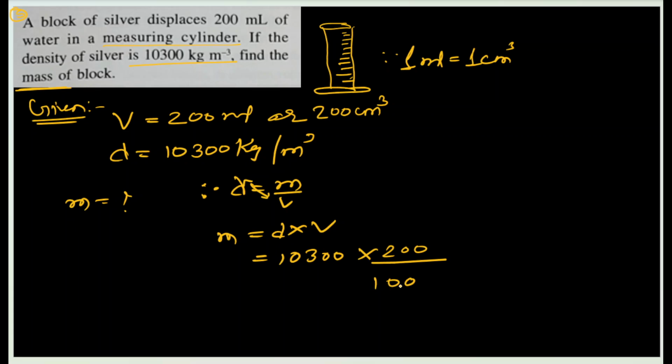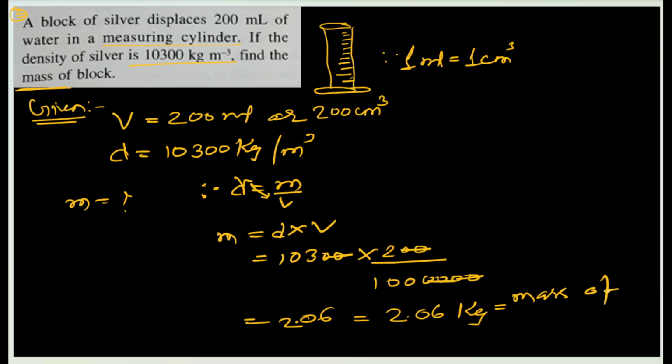So how many zeros do I need to apply? 1, 2, 3, 4, 5, 6. Now this 0 will cut, this 0 will cut. Now 2 3s are 6, 2 1s are 2, and these 2 zeros will come up. So 2.06 kg. This one is the mass of silver.